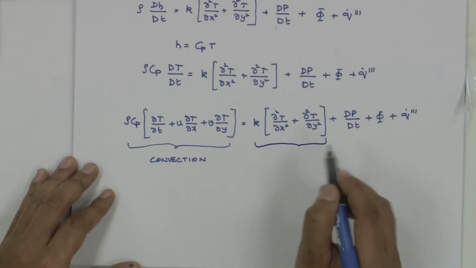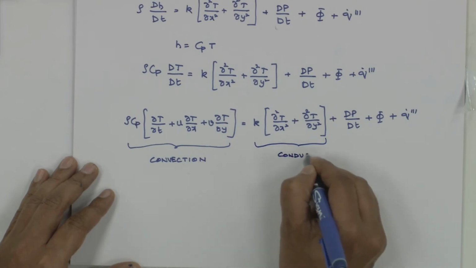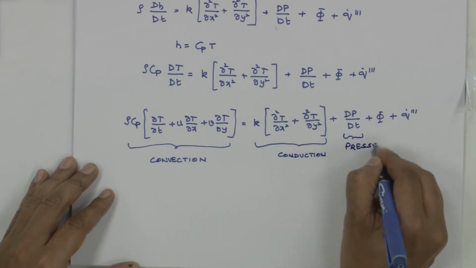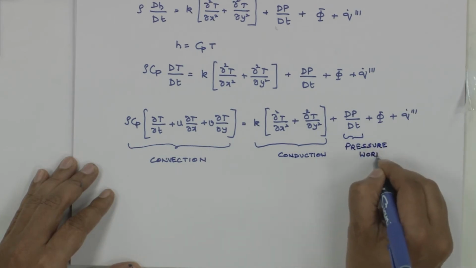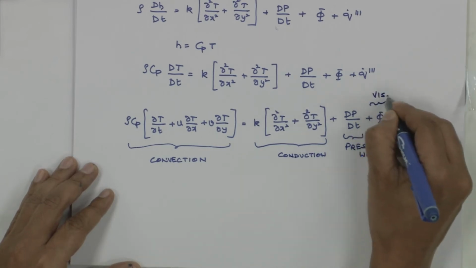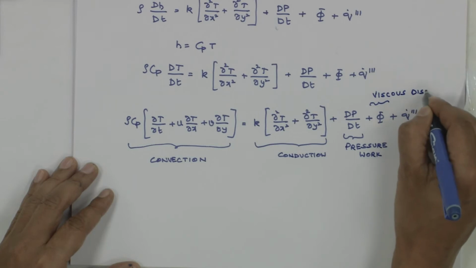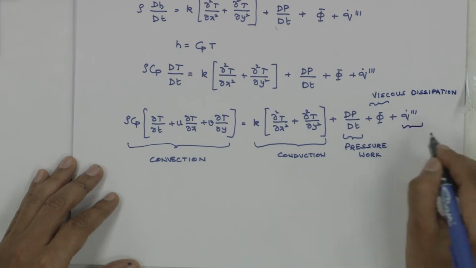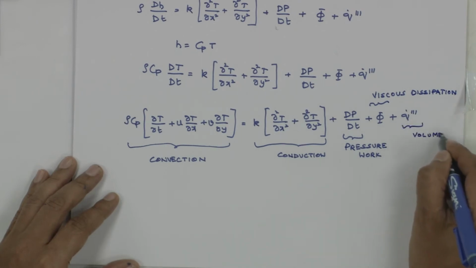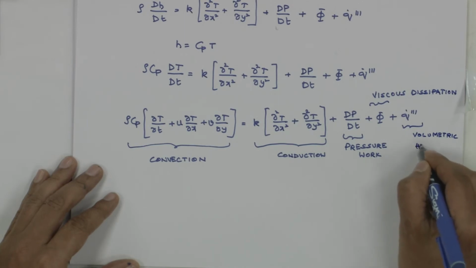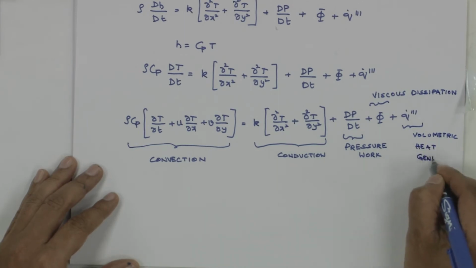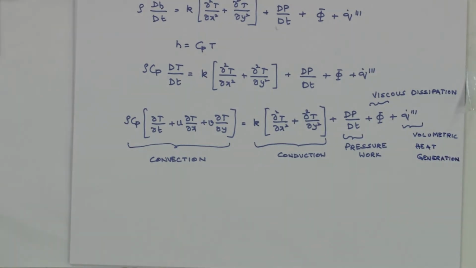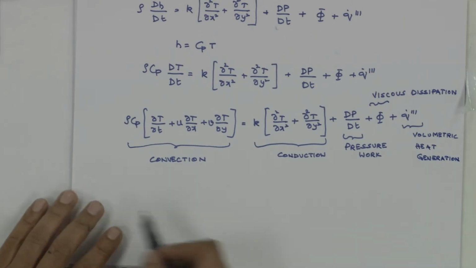This is nothing but conduction and this is pressure work and this is viscous dissipation, or you can even say that work done because of normal stresses and viscous stresses, and this is volumetric heat generation. Okay. So, these are the terms which we got by doing the energy equation.